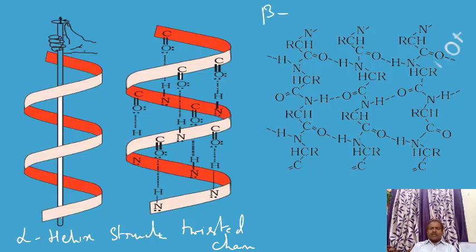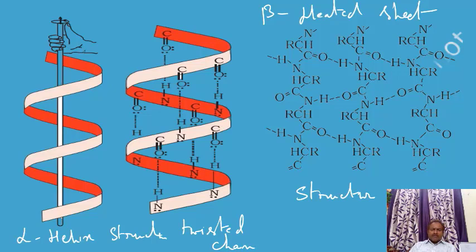So this is the beta pleated sheet structure. In beta pleated sheet structure, all peptide chains are stretched out to nearly maximum extension and then laid side by side, which are held together by intermolecular hydrogen bonds.